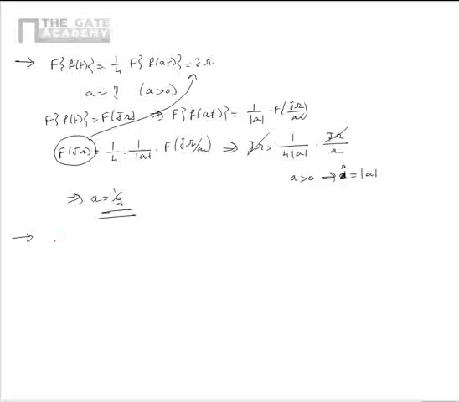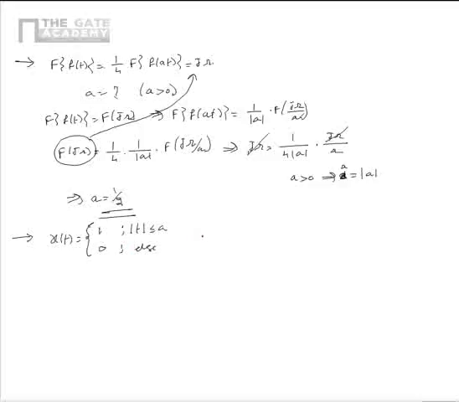Now let us consider another problem related to frequency domain representation of the signals. It's given that there is a signal x of t, which is a continuous time domain non-periodic signal. x of t is 1 for mod t less than or equal to a. It is 0 otherwise.